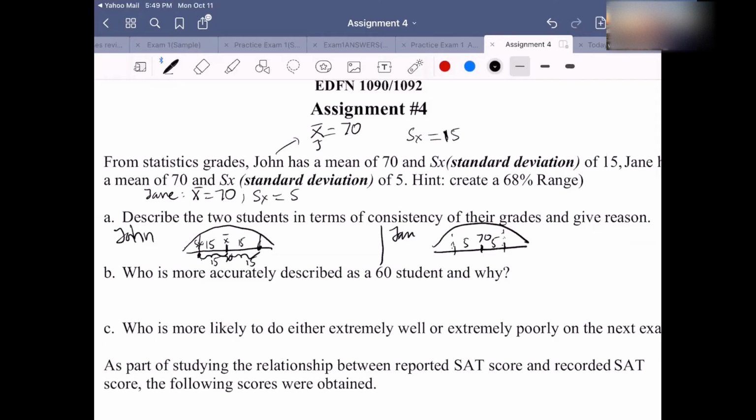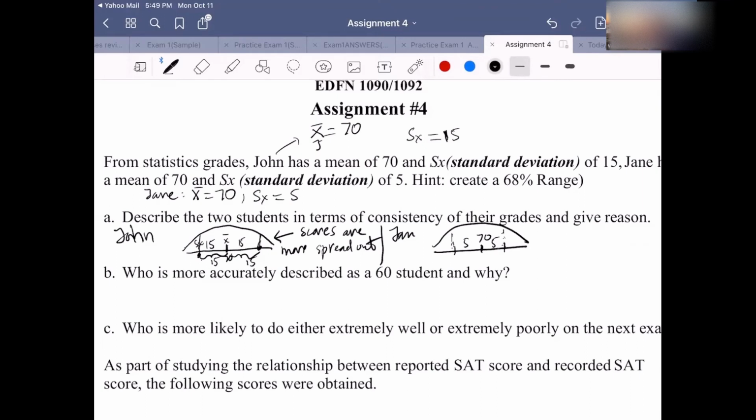Yeah, so John's scores are more spread out, right? So you can see that the standard deviation of John is bigger, right? So that means that the scores are more spread out, okay? And further away from the mean.